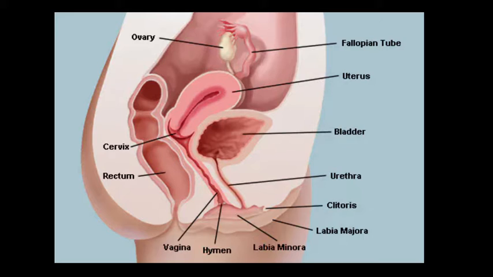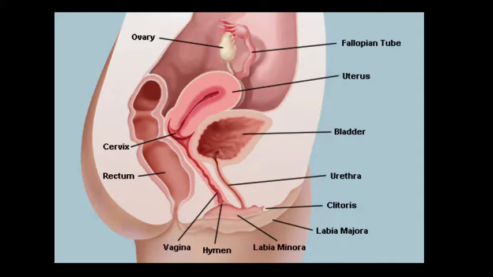Cervix. The cervix is the narrow passage at the opening of the place where a baby grows inside the mother. Next, the vagina. The vagina is the passage in the body of a woman that connects the outer sex organs to the part where a baby grows. You have heard many times about the hymen, and there are lots of problems over there.